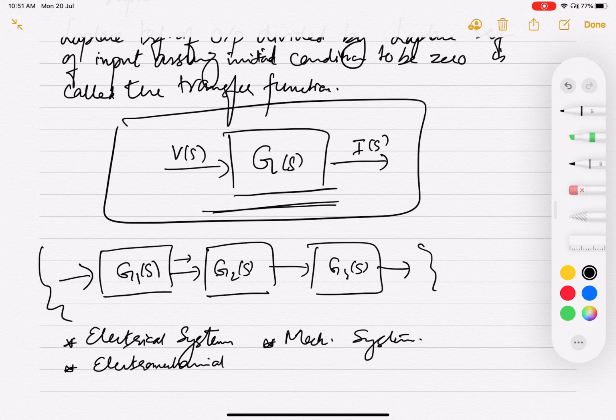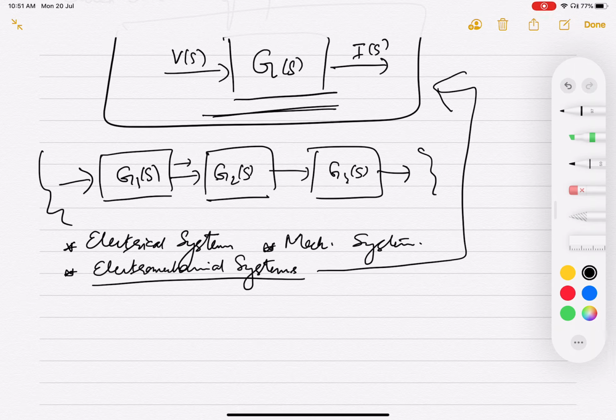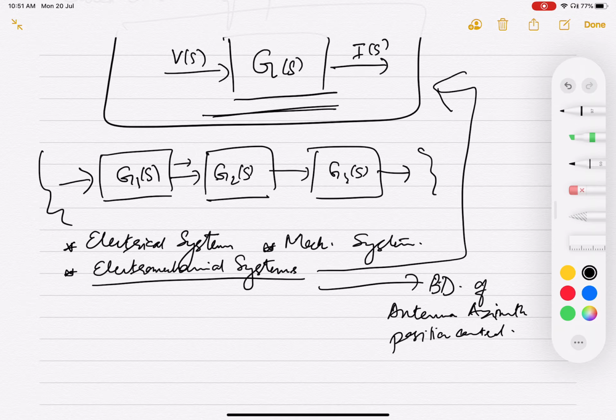Only when we do electromechanical system modeling and we're able to draw a block diagram representation like this for the whole electromechanical system, can we draw and understand the block diagram for the antenna azimuth position control system that we studied in the beginning. So it is a step-by-step process, which everybody amongst us has to follow.